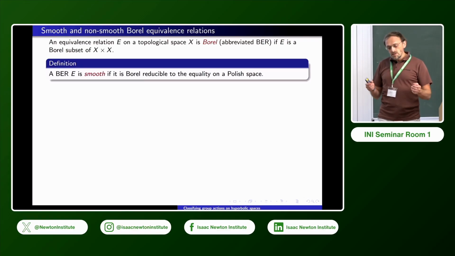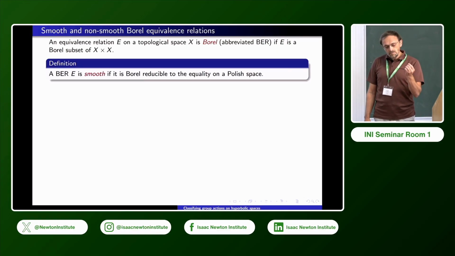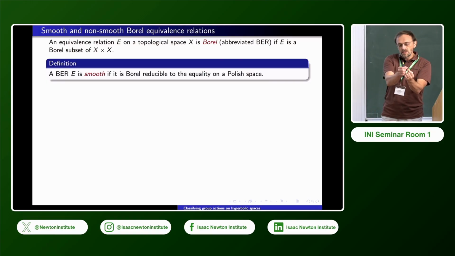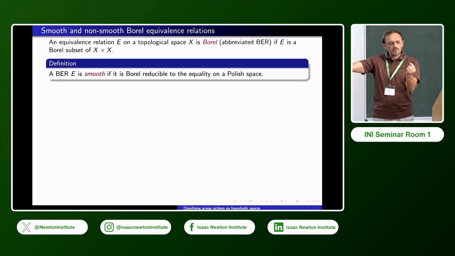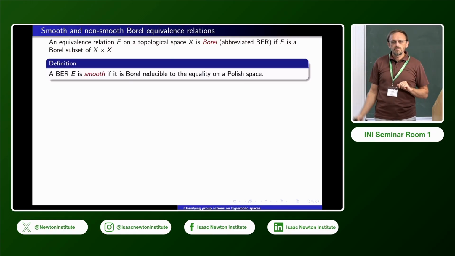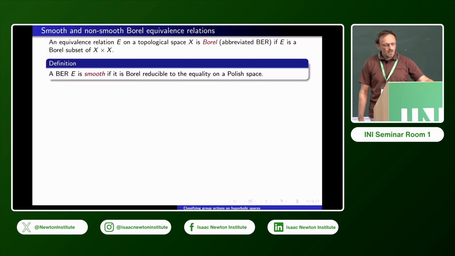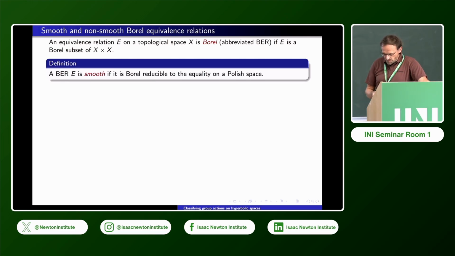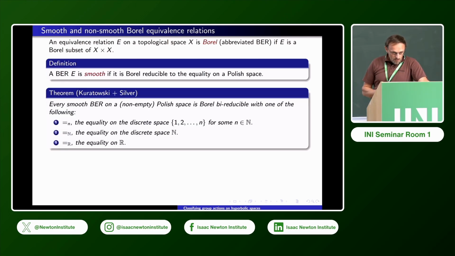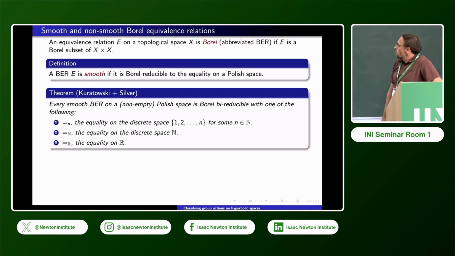So sometimes the corresponding classification problems are called concretely classifiable. Why is that? Because essentially this definition says that if you have a classification problem, you can explicitly assign some invariant from a Polish space which tells you when two objects are equivalent. So they are classifiable by explicitly computable invariants, which are points of a certain space. Here is the description of all possible smooth Borel equivalence relations up to Borel bireducibility.